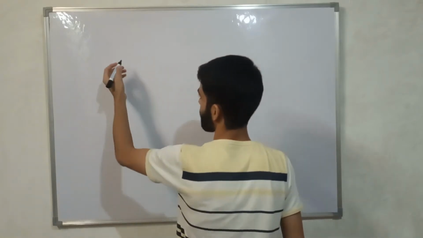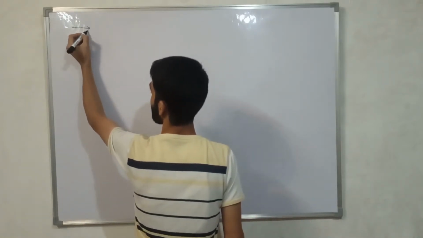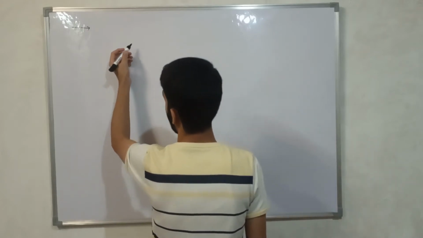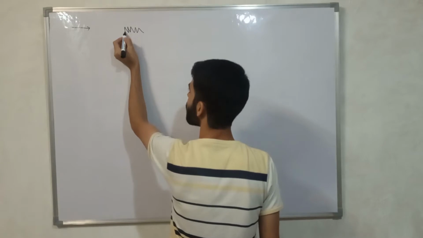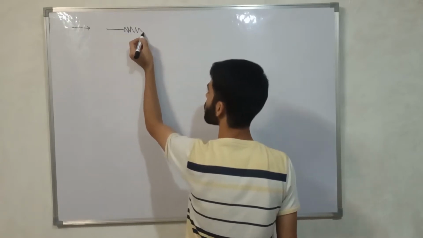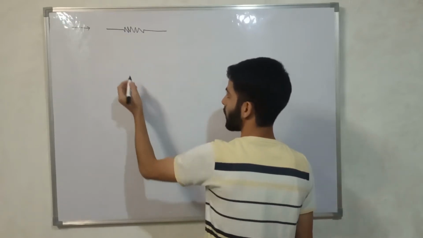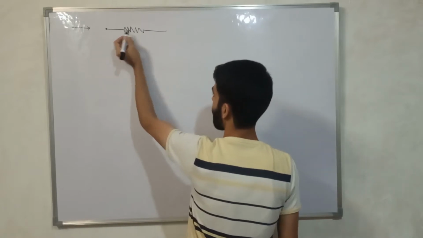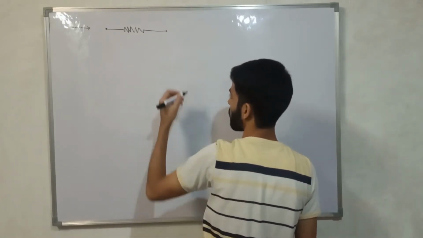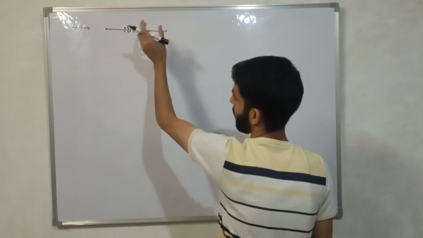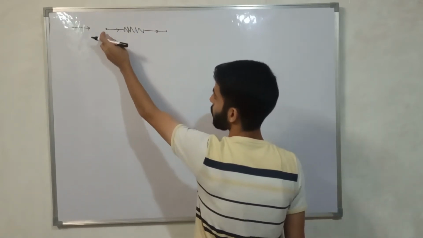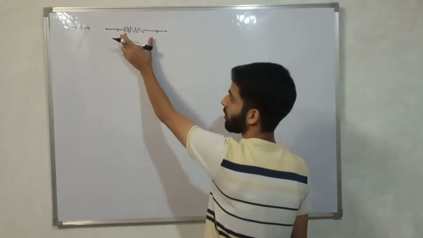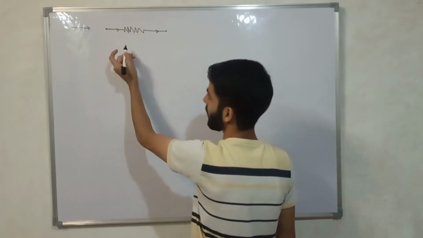First of all, let us see a resistor like this. How many ports does it have? It is a uniport network basically. The current comes in like this and exits like this. It has two terminals, but only one port if we bind it like this.